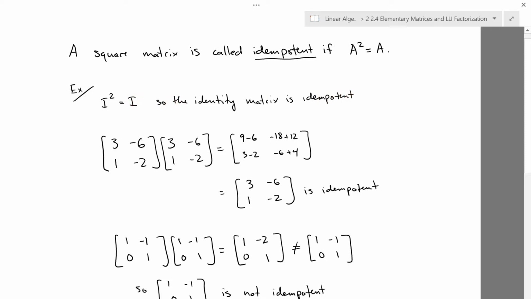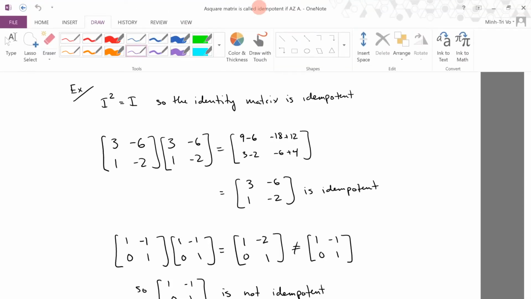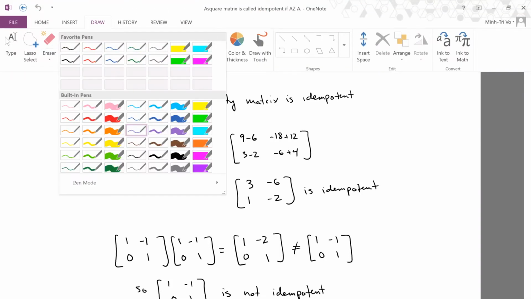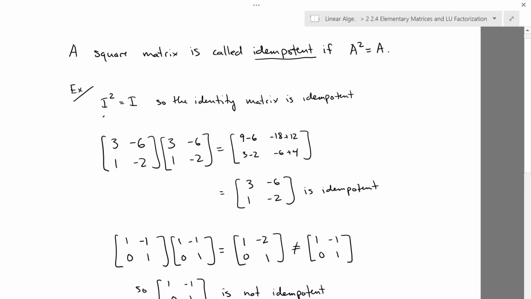Same for the 0 matrix, right? The 0 squared is equal to 0, so the 0 matrix is idempotent. But again, these two examples aren't that interesting.